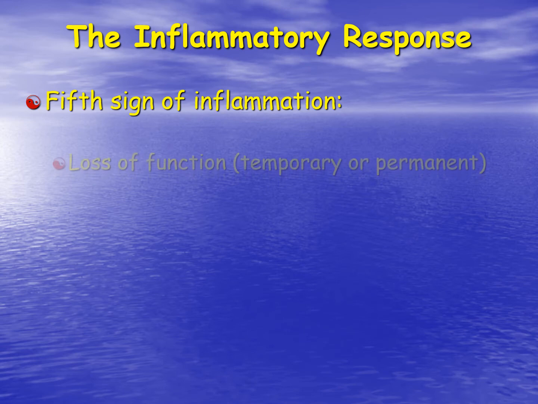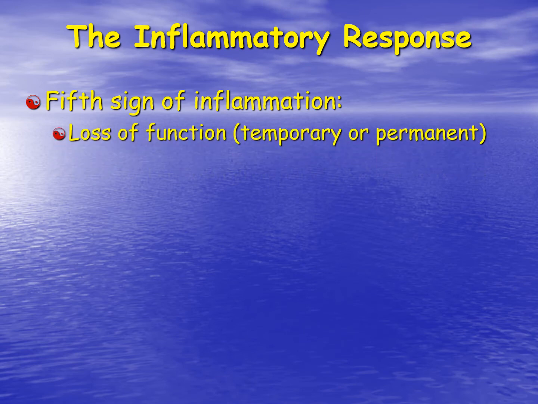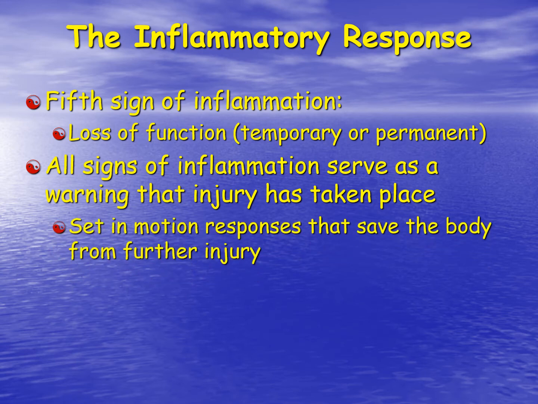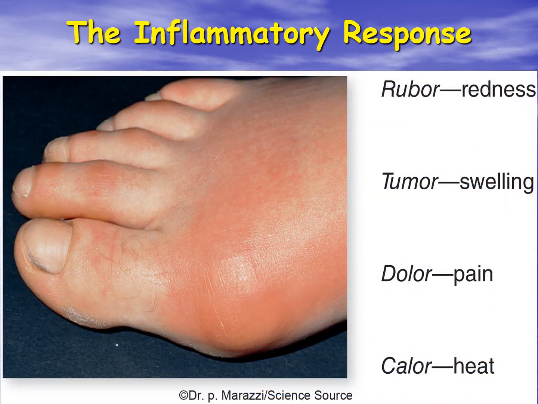We also have kind of a fifth sign of inflammation, and that is loss of function of the injured part. And this can be temporary, and usually is, or sometimes it actually can be permanent. All the signs and symptoms of inflammation serve as a warning that an injury and sometimes infection has taken place. Inflammation will set in motion responses that hopefully save the body from further injury.